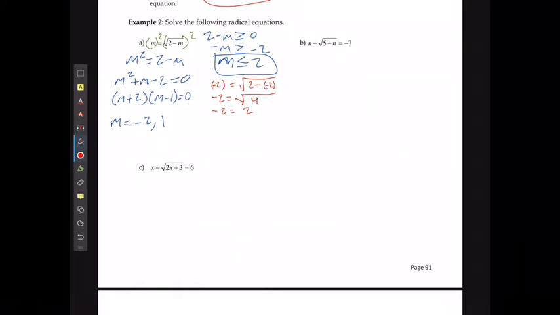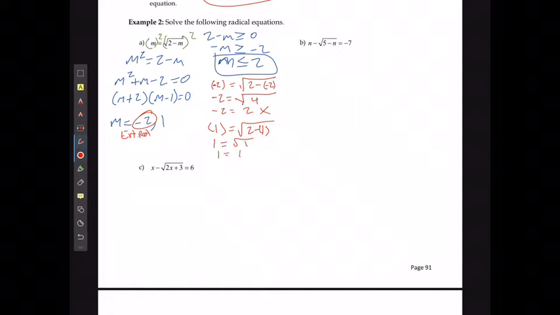And this does not work. So I'm going to circle this and call it an extraneous root. The other possibility, if I have 1 is equal to the square root of 2 minus 1, then 1 is equal to the square root of 1, 1 is equal to 1, and the 1 is my correct solution.